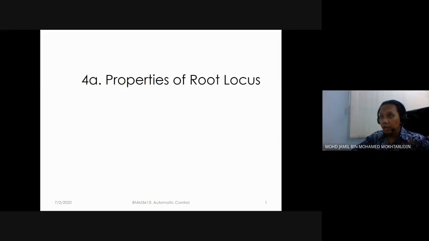So in Routh-Hurwitz criteria, you are not finding the roots of the denominator or finding the poles. But in this topic, in chapter 4, we are going to look at root locus.